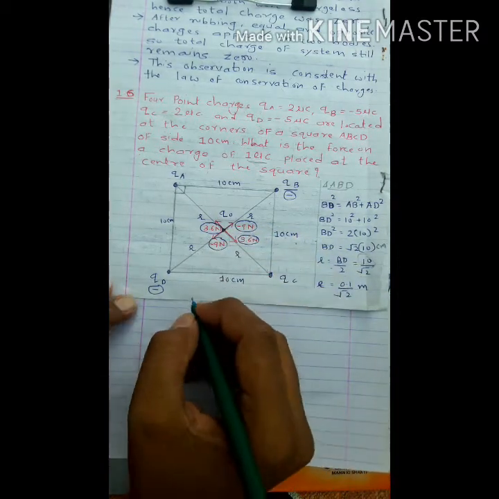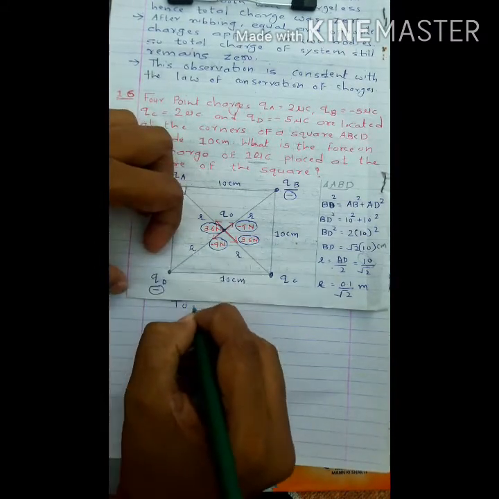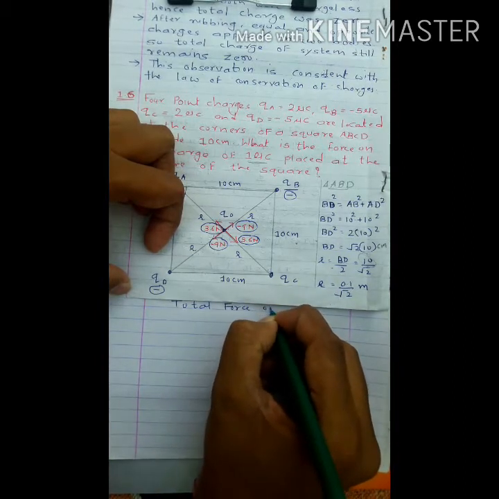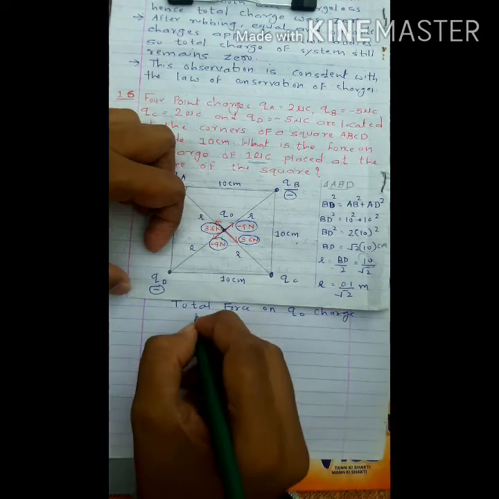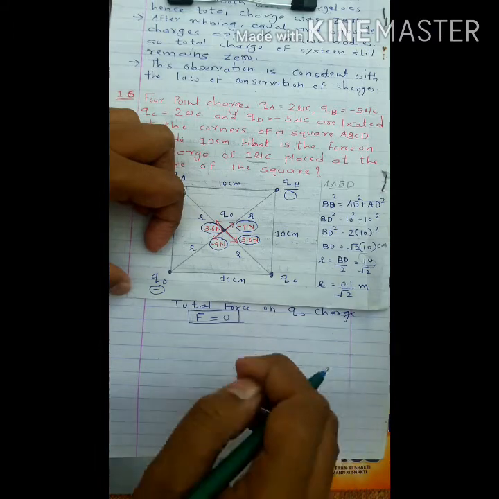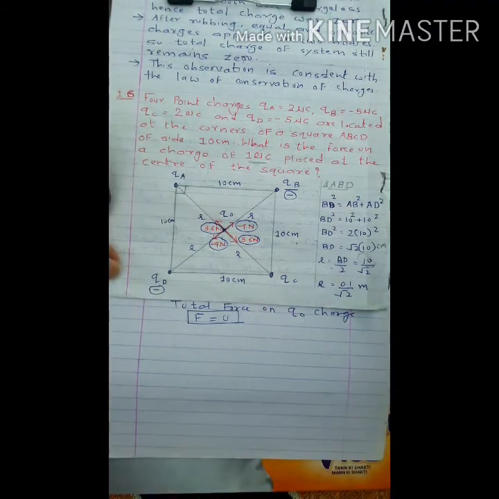So in short, we can say that the total force on Q0 charge is equal to 0. Okay, so here we prove that the total force on Q0 charge is 0.